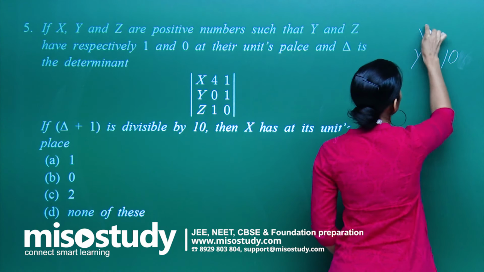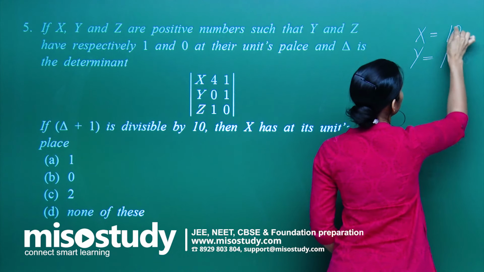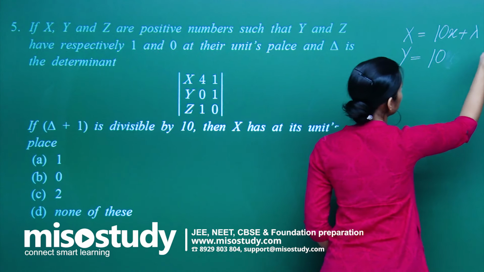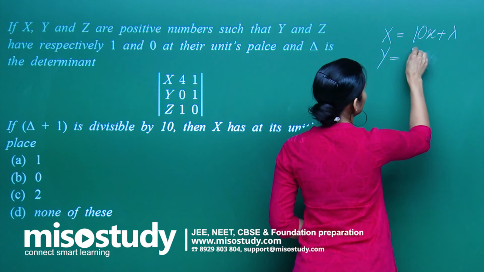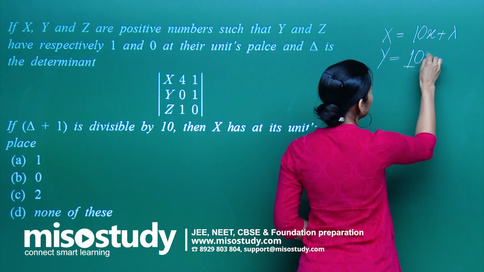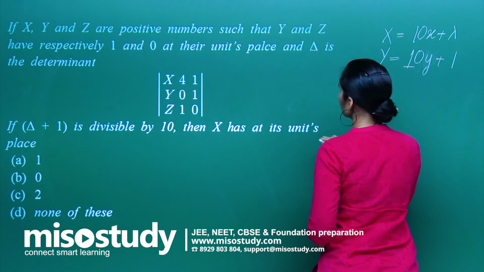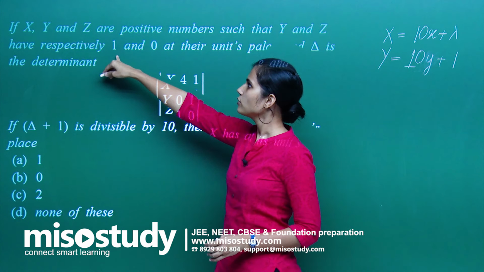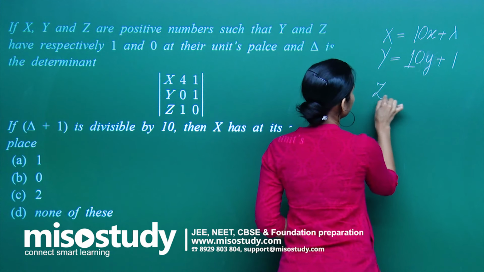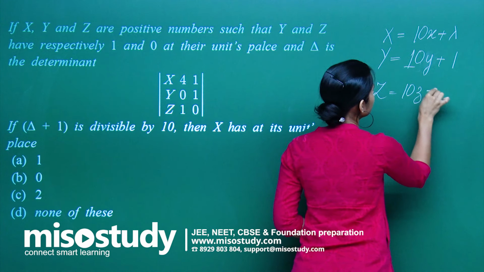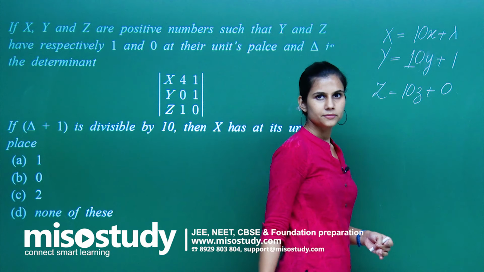Say, when X is divided by 10, you get 10x plus lambda. I don't know what the remainder is, let lambda be the remainder. When Y is divided by 10, you get 10y plus 1 because it is given that 1 is kept at the units place when Y is divided by 10. And when Z is divided by 10, you get 10z plus 0.